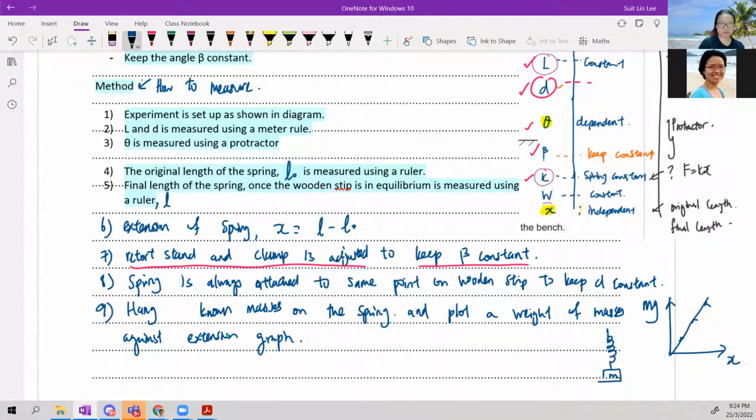Okay, so once you hang the known masses, from this graph I can find the spring constant. The spring constant K is calculated, or it's just equal, to the gradient of the weight-extension graph.